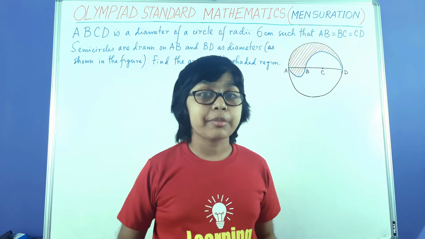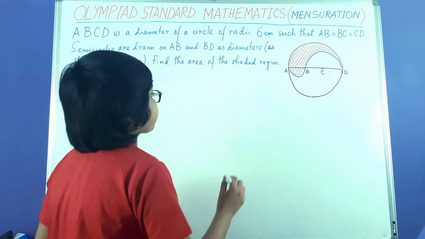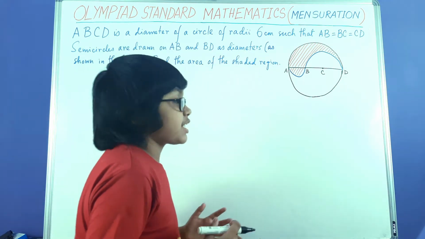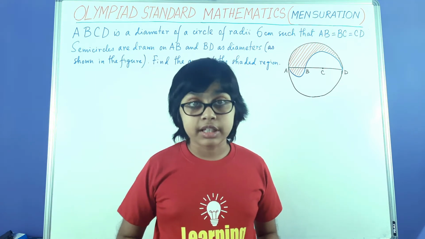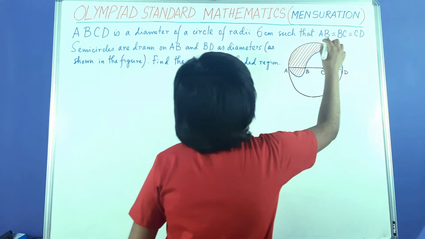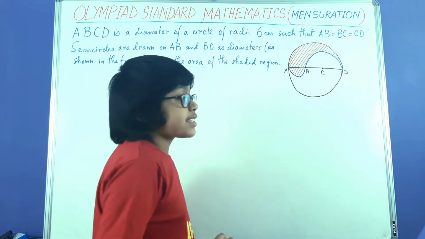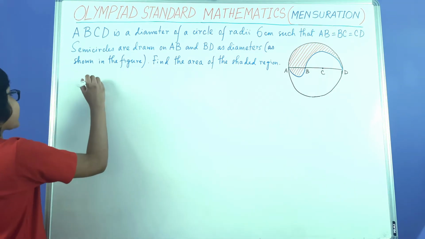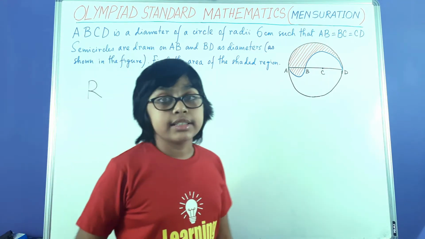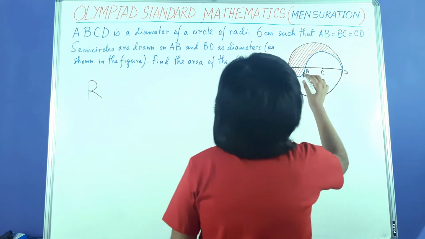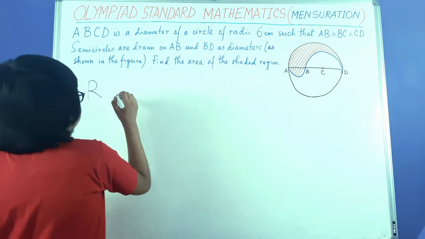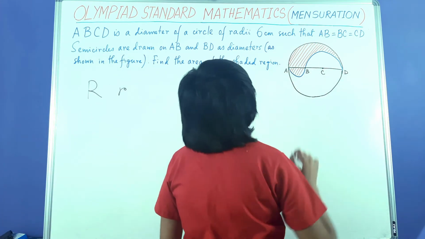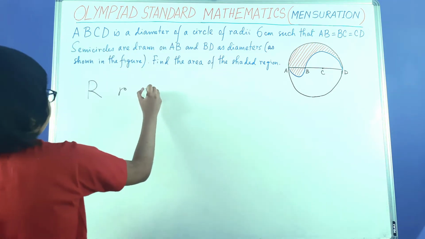First, I'm going to consider different variables for the radii of the different semicircles. For the biggest one, with diameter AD, we consider the radius to be capital R. Please remember, I'm taking the biggest one as capital R, the medium-sized one, with diameter BD, as small r, and the one with AB as diameter, as R1.